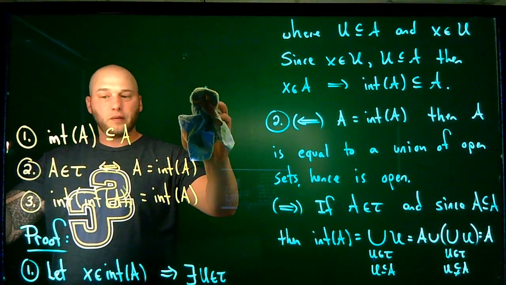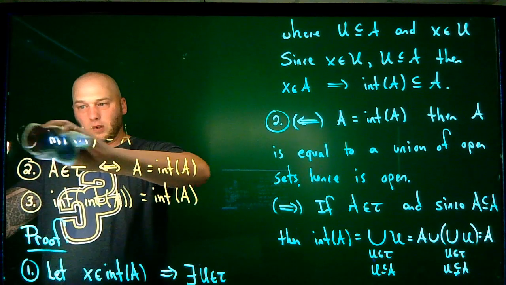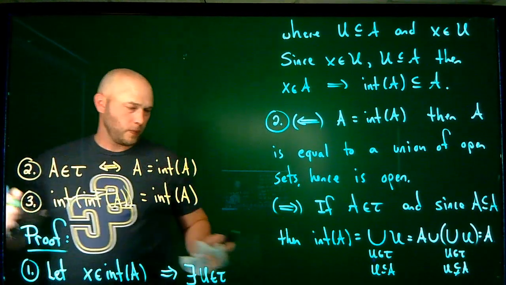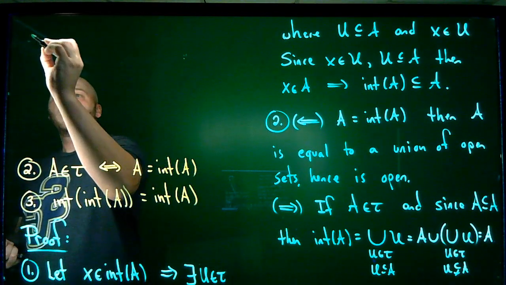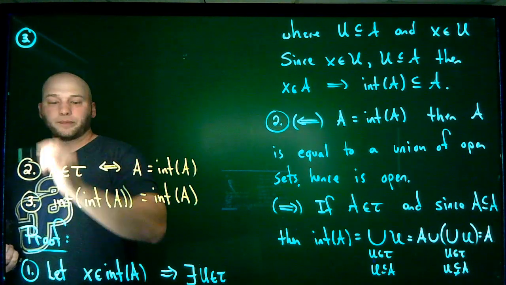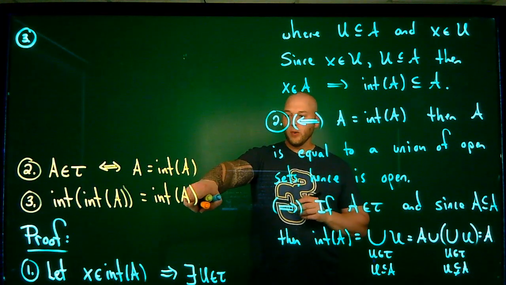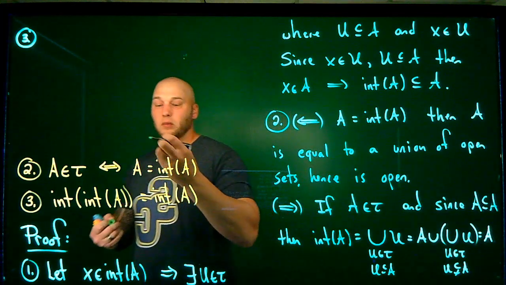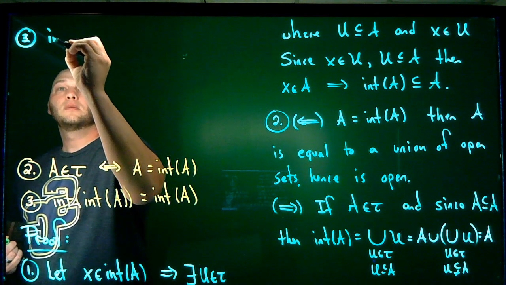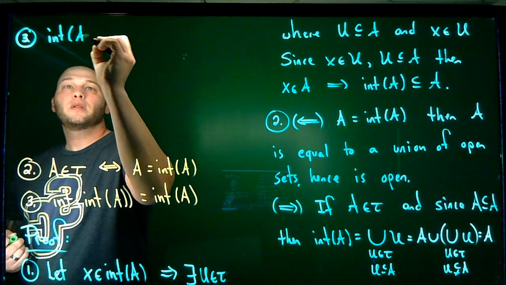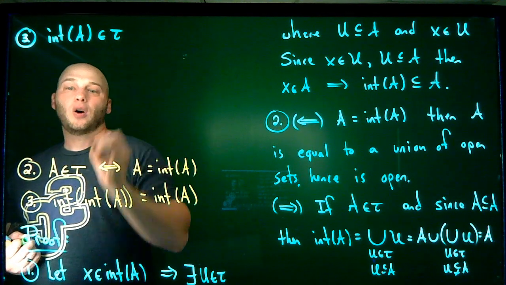And let me leave statement 2 up there for the moment. So proof of statement 3. Well, remember we said the interior of A is open? The interior of a set is always open.